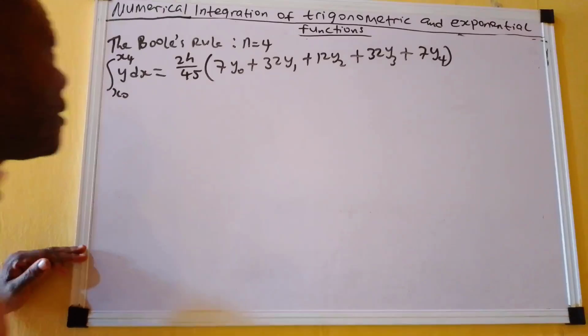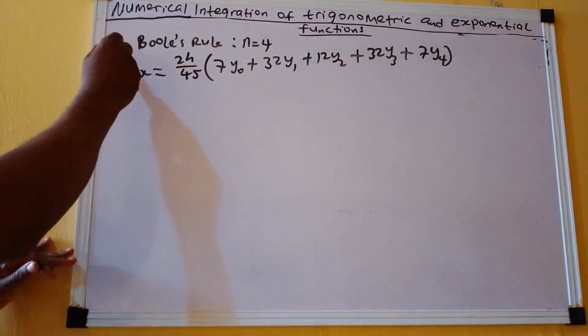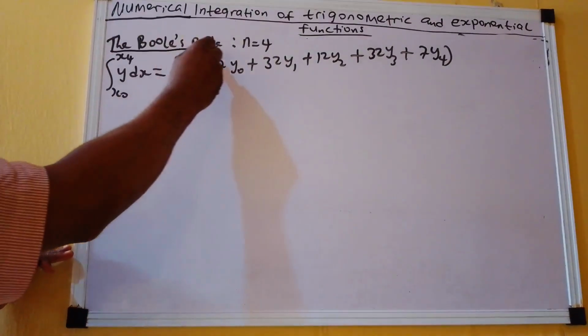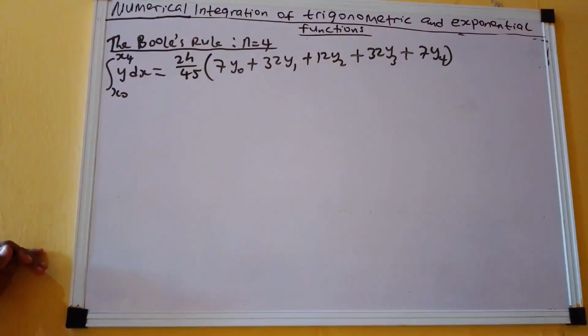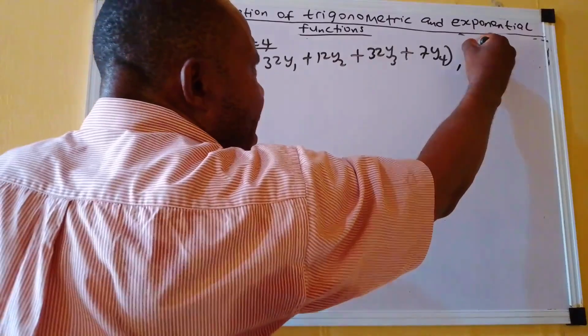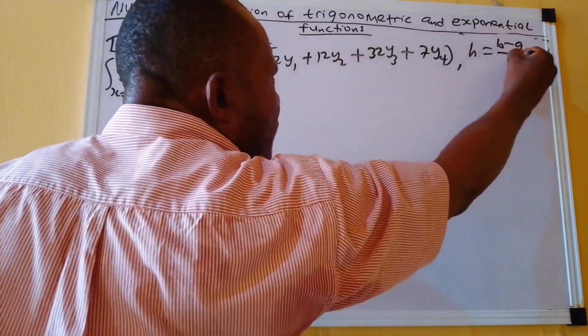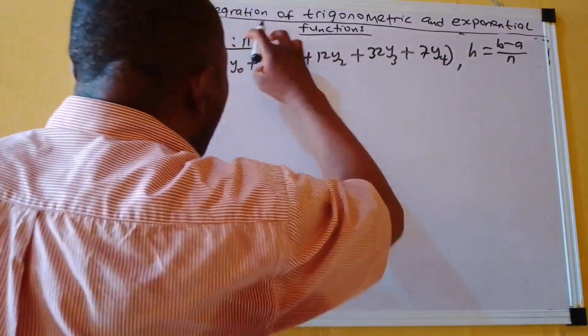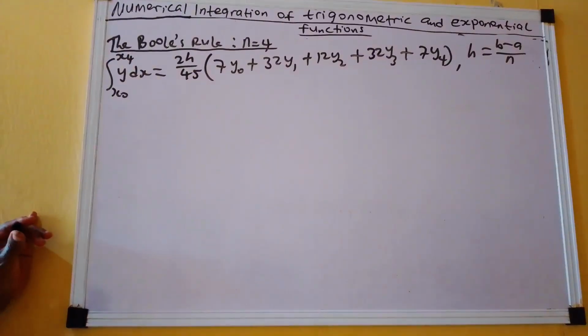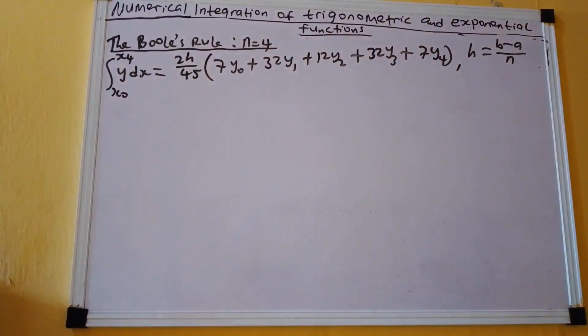So this is the Boole's rule. Now it will interest you to know that for the Boole's rule, here our h is equal to b minus a all over n. Here, of course, our n is 4 for the Boole's rule.